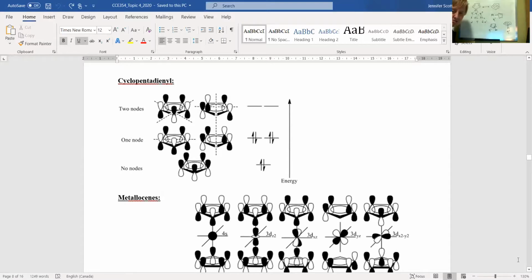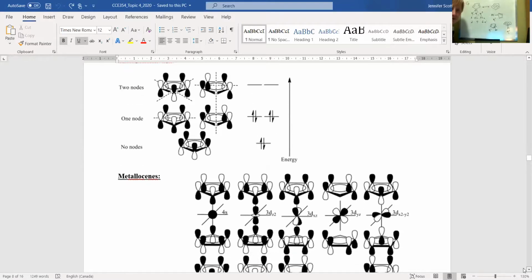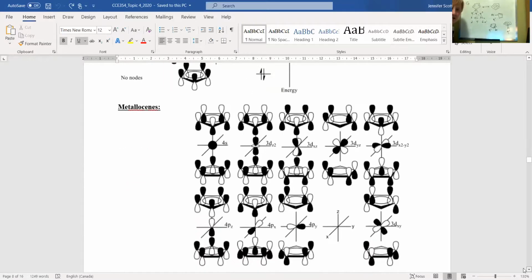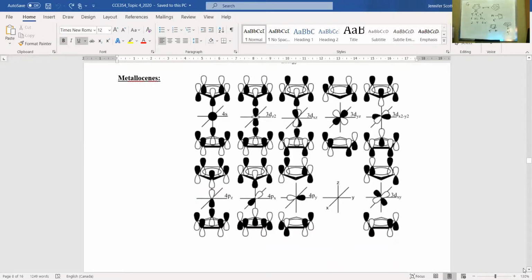Now this bottom picture is for a metallocene. So a metallocene, here, I don't know if you can see it on there. It's a sandwich, and we did kind of talk about them. Like ferrocene.